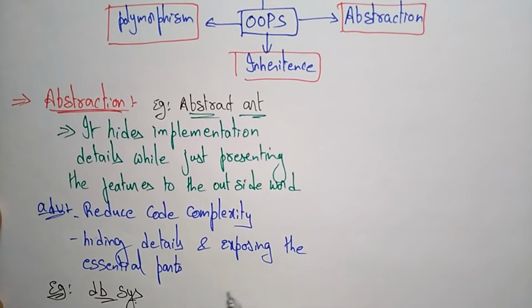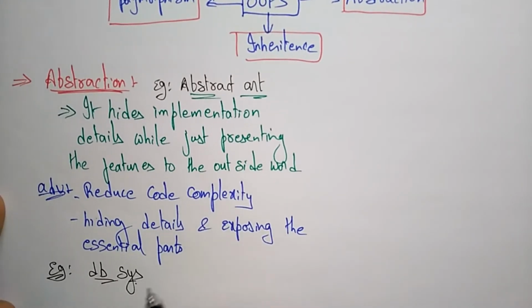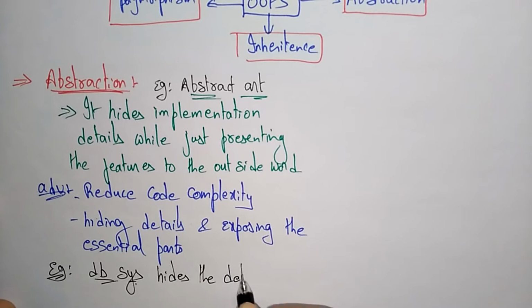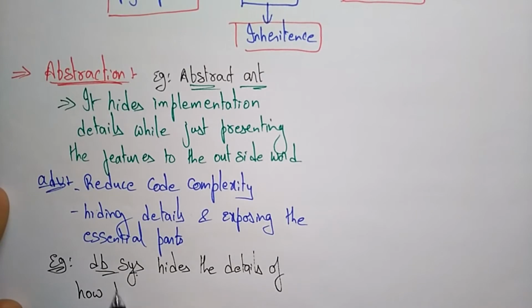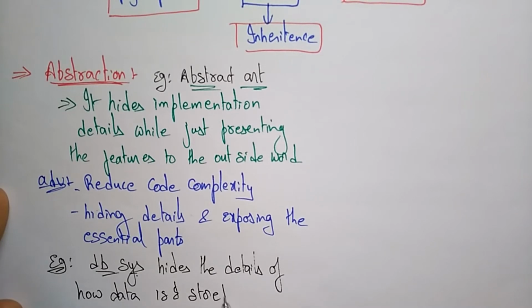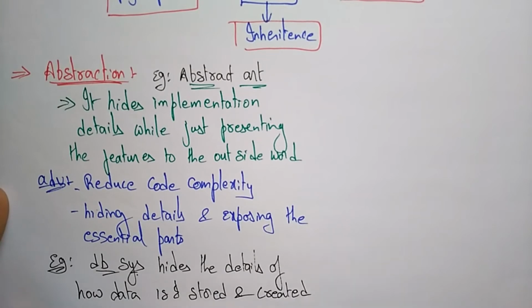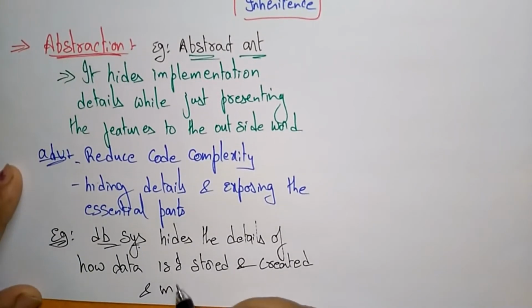In a database system, abstraction plays a role by hiding the details of how data is stored, created, and maintained.